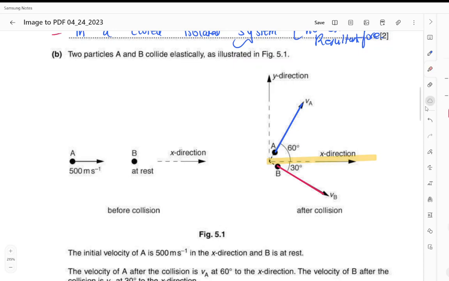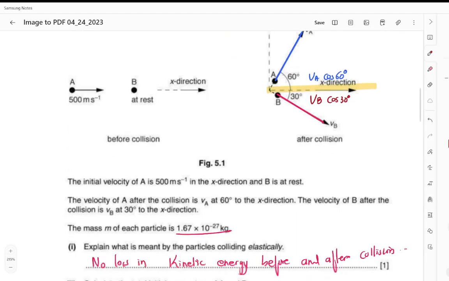So पहले VA को tackle कर लेते हैं. This is going to be VA cos 60 degrees. और VB का भी, VB cos 30 degrees. और इन दोनों को sum up करेंगे. So this would be VA cos 60 plus VB cos 30.